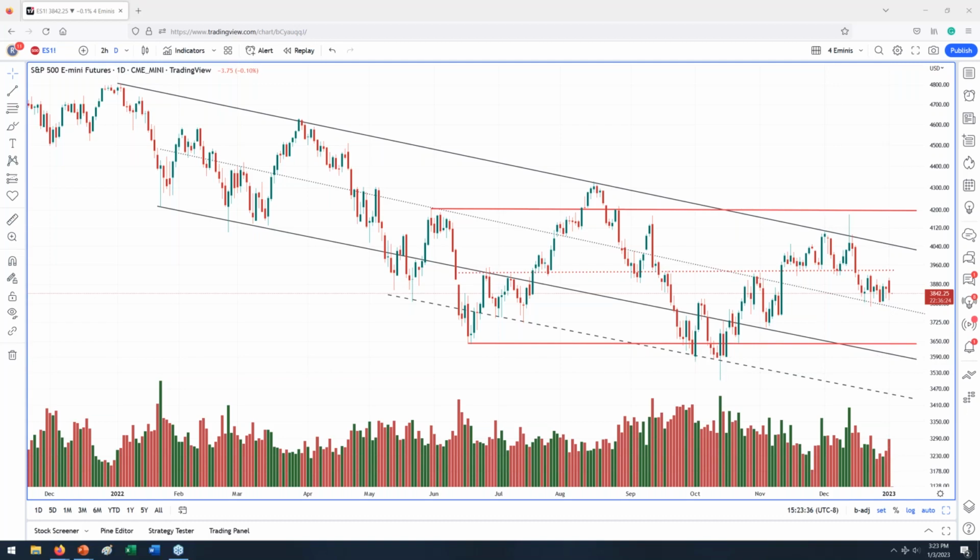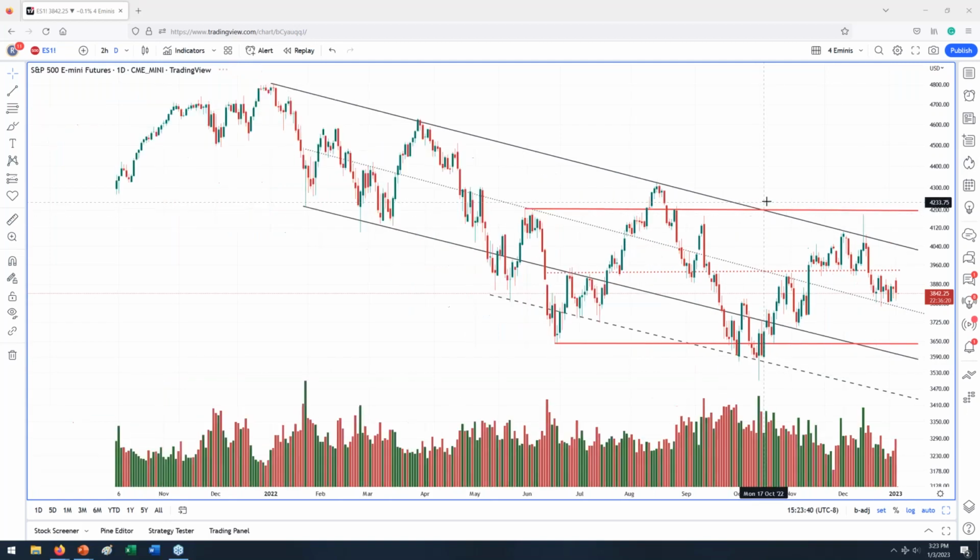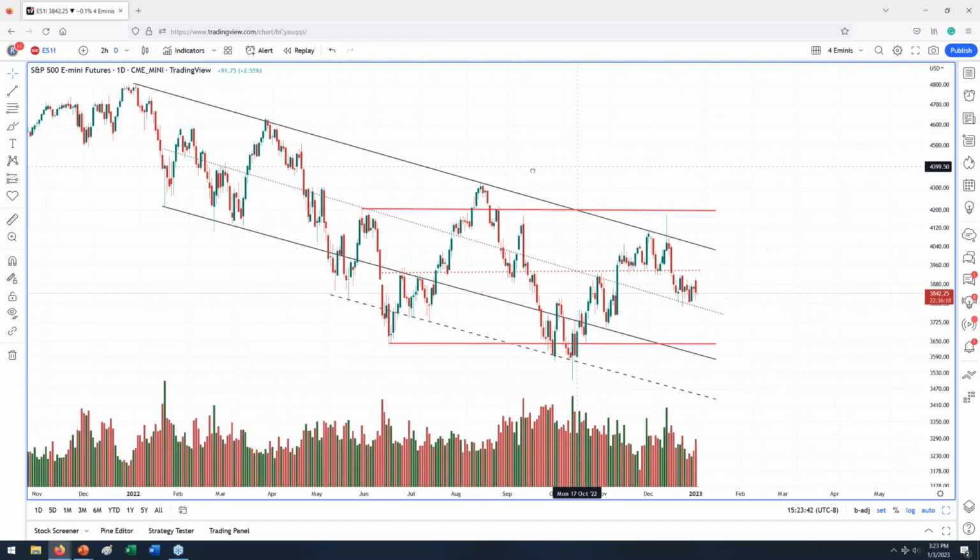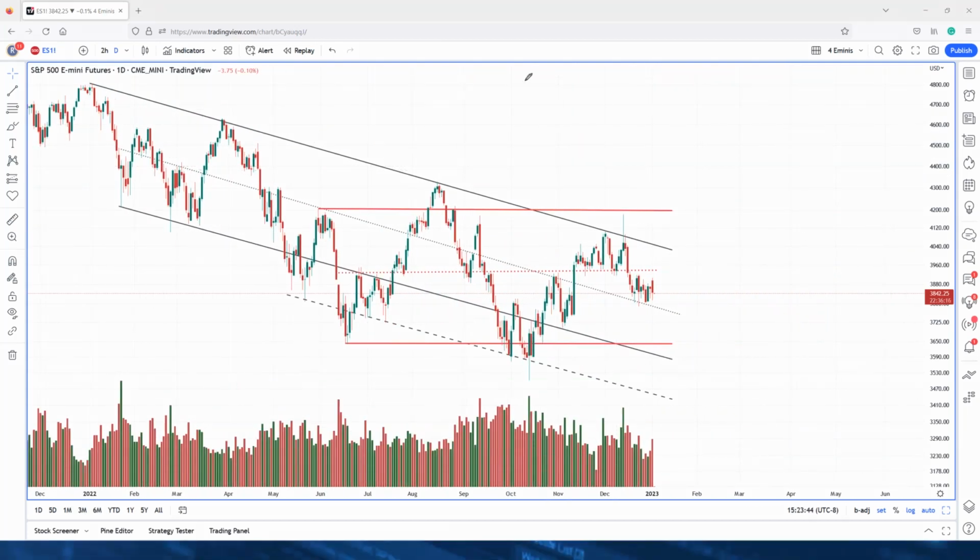Now, let's think about different scenarios. Obviously, bullish and bearish. For the bullish scenario, I would say, okay, what is the higher probability scenario? Definitely bearish. Why? Because we are in the downtrend, right?